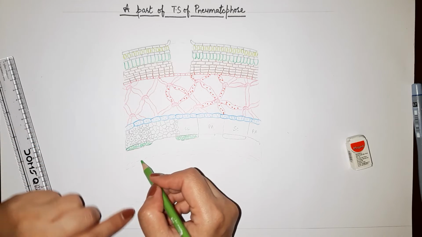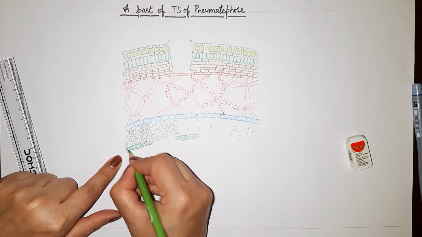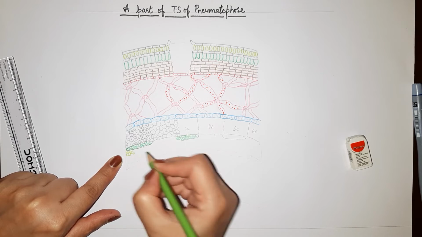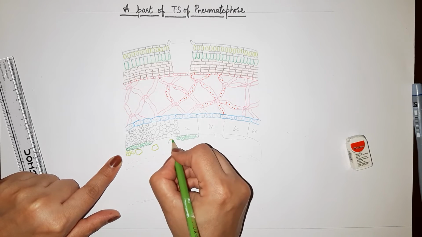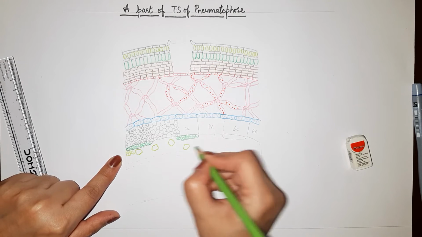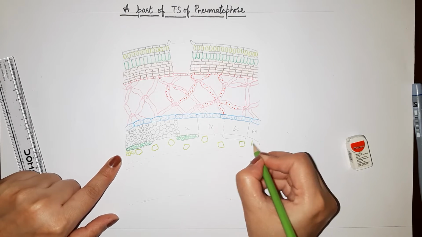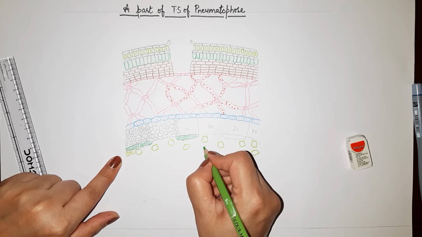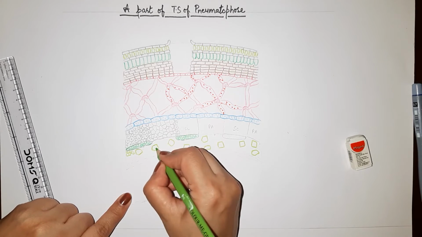Now this much area, the broader one, represents the secondary phloem. So here also you will make small cells, but at certain places you will make large sieve plates. So mark those areas earlier, hexagonal, polygonal. These will be sieve plates.